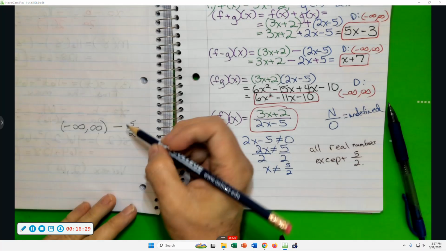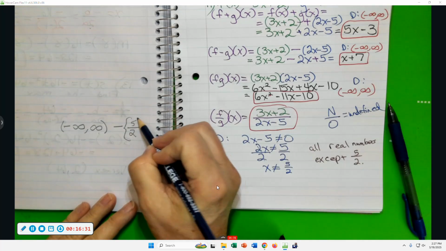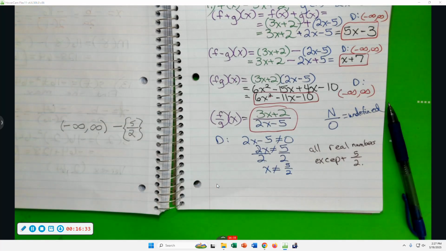If you look back in old-fashioned, old books, and they're finding domains, you'll see notation like that. That's a set operation saying remove the number 5 halves, but we can't do that.